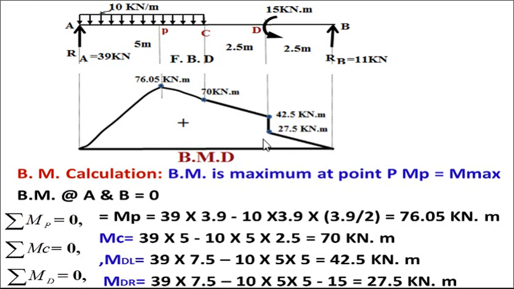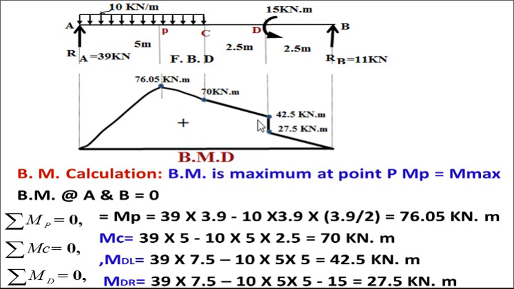So in this way, after getting all these points, you just join all these points. But while joining, you must see that whenever there is a UDL, under UDL there must be a second degree curve, and whenever there is no load, it must be a straight line.